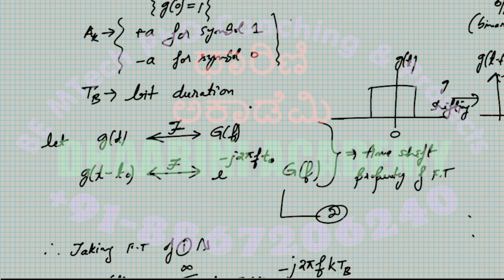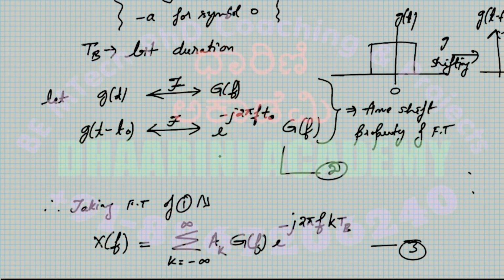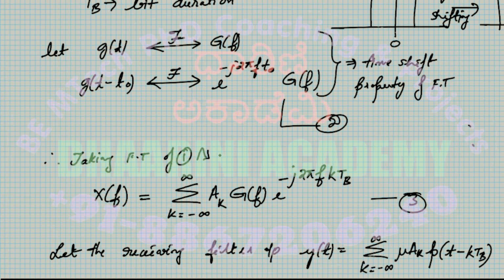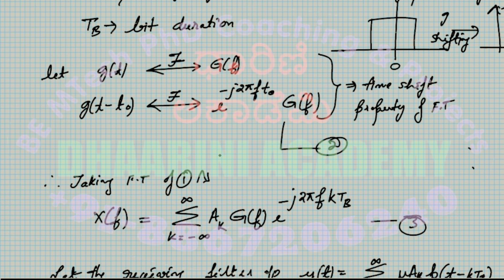Okay, all right. So let us consider the Fourier representation of g of t. We don't know the exact equation of g of t, so we simply call the Fourier representation G of f.